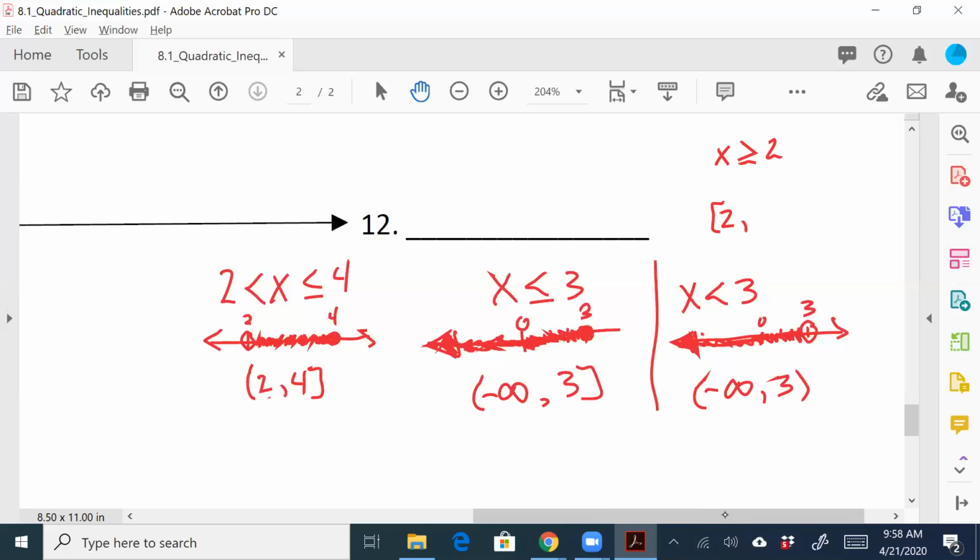And because it's greater than, it goes off to the right until it reaches positive infinity, which it never will. And that's why we put a parenthesis at infinity always, or negative infinity. Does that clear things up a little bit? Yes, thank you. You're welcome.